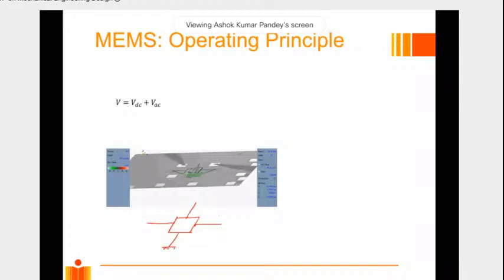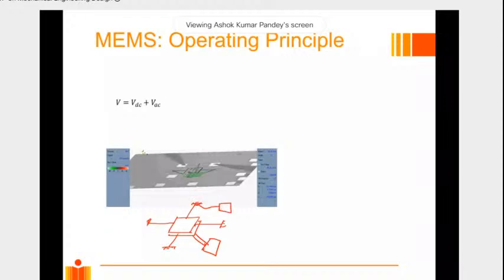And there is a bottom plate also, which is sitting, and it is connected with another pad, and the top layer I will connect with another pad, okay. So this is one pad.